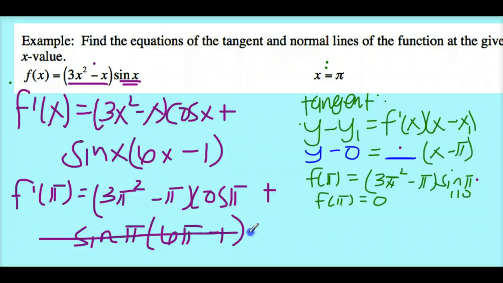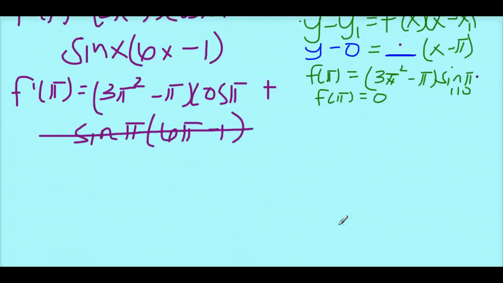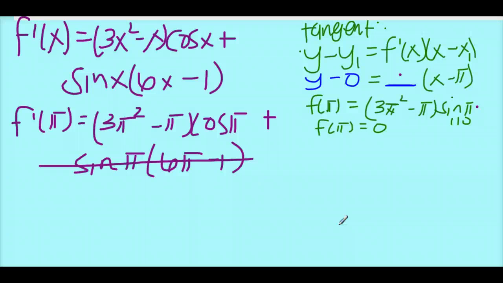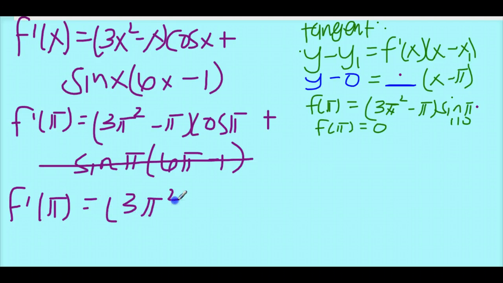So this whole term is going to cancel out. Now we need to figure out, what's the cosine of pi? Let me scroll down just a little bit. If I take a look at cosine, the cosine of pi is negative 1. So f prime of pi is equal to 3 pi squared minus pi times negative 1, or rewritten, pi minus 3 pi squared.